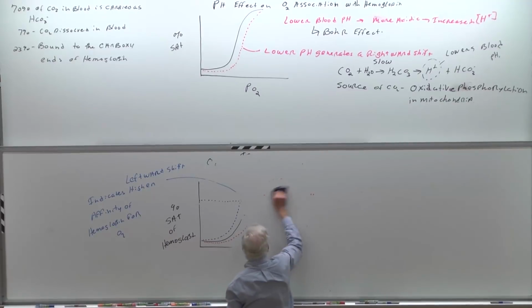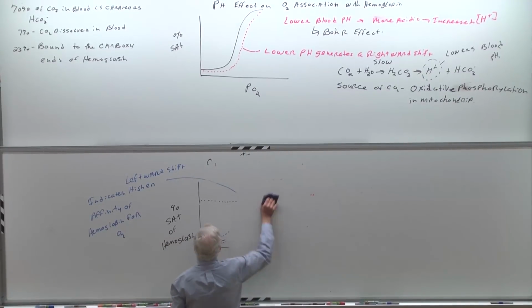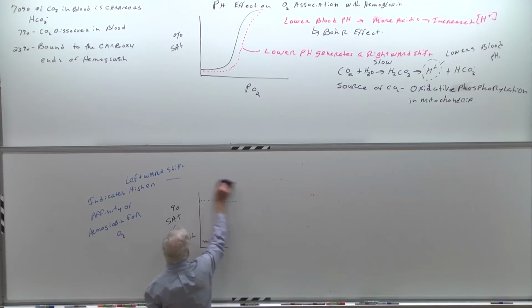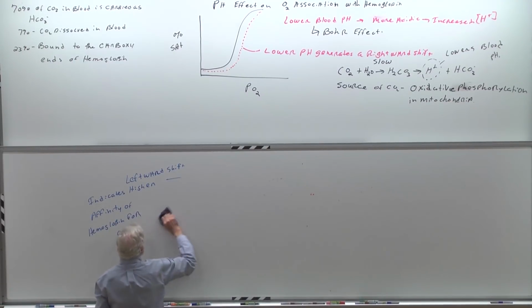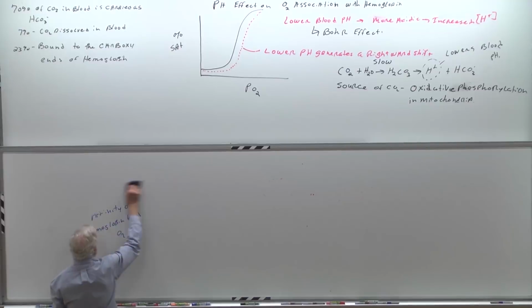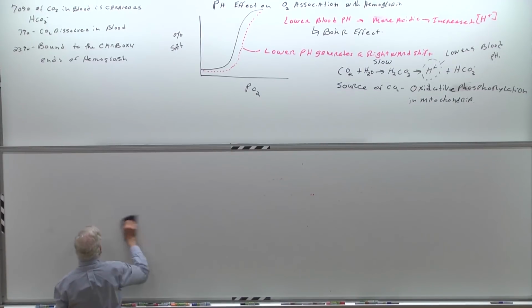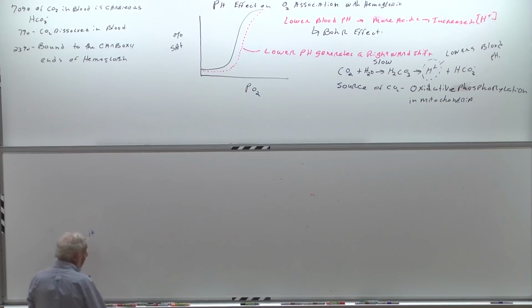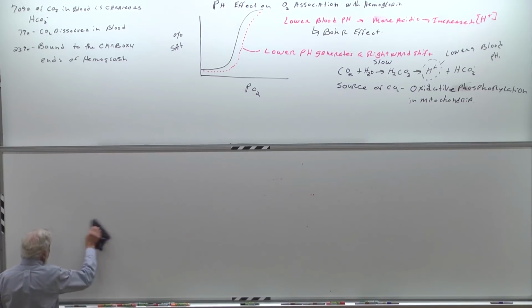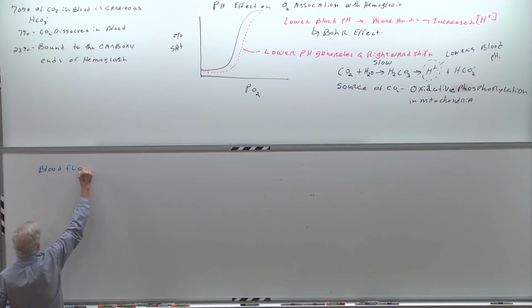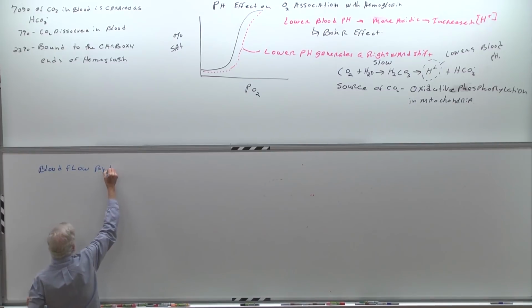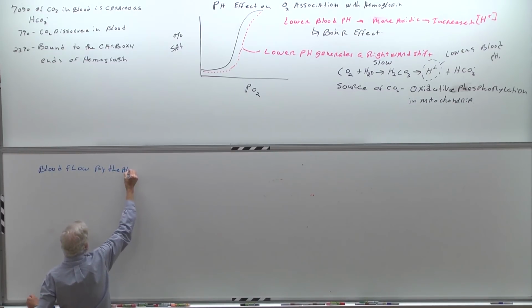These will be the same numbers we talked about last week. So over here, we have labeled this as blood flow by the alveolus.